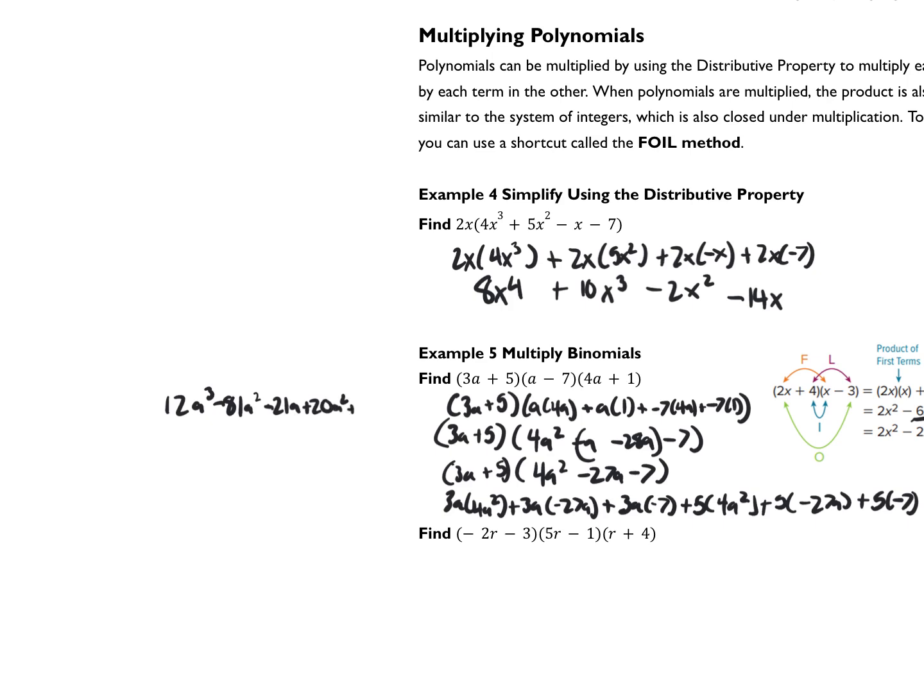And then we have 5 times negative 27a, that's negative 135a. And then 5 times negative 7 is negative 35.